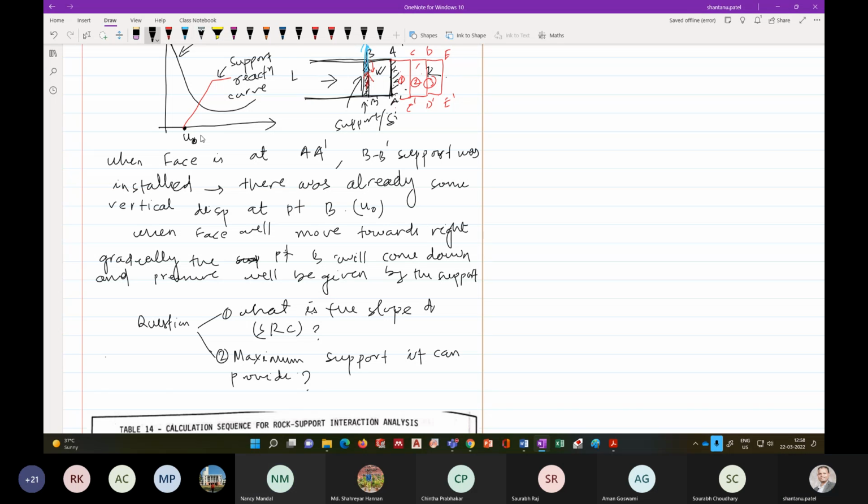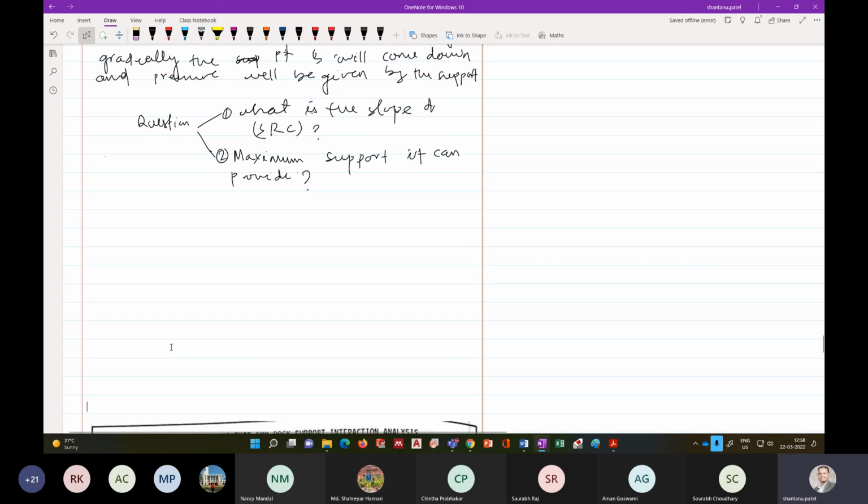So the question is very important here, because the question is, when to provide this support system. Let's say you have a support system of a particular capacity.